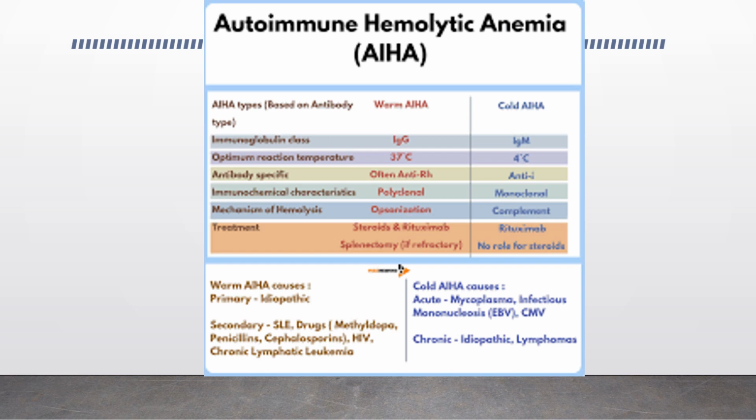That is, it will be seen in the digits, fingers, hands, feet, and it has been observed at 4 degrees centigrade. It's quite active. That's why. And antibodies, anti-Rh warm. Okay. Similar symptoms and other things which we've already discussed.